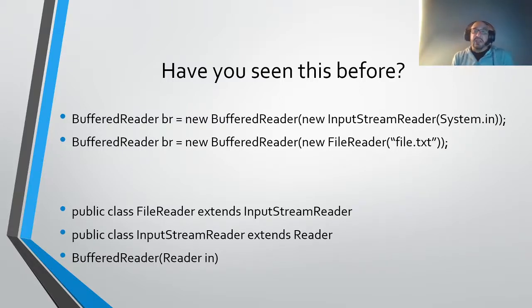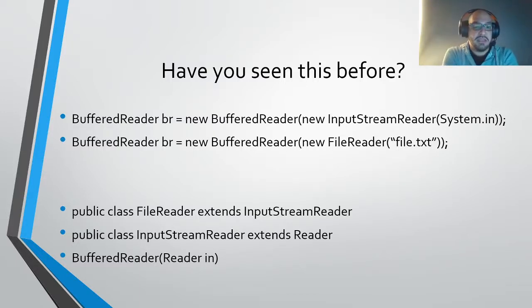My target class is the buffer reader, and my decorator is the input stream reader. So I am changing the behavior of the buffer reader every time I pass a new or a different instance.